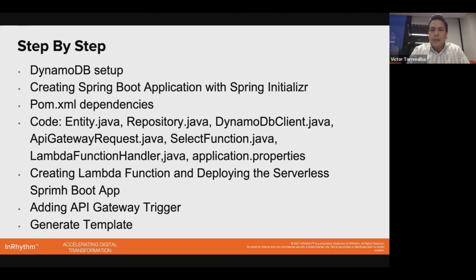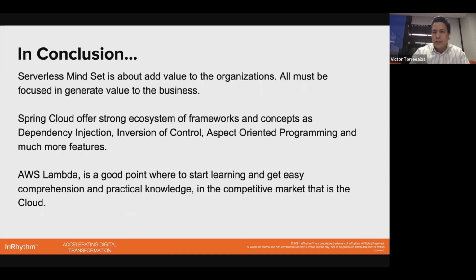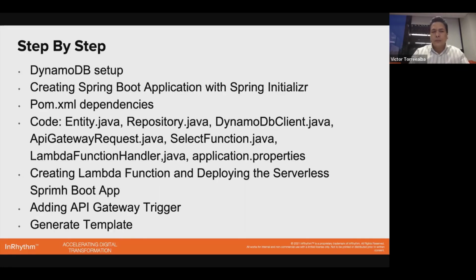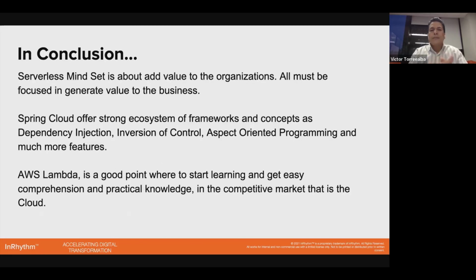After that, you need to using a Spring Initializr, for example, download the project, Spring Boot project, inject the dependency, especially AWS adapter for Spring Cloud Function. You need to create, for example, this object. After that, you need to create the Lambda function and deploying, uploading the jar, adding the gateway trigger, generate template.